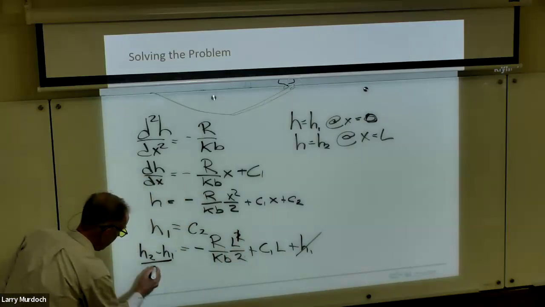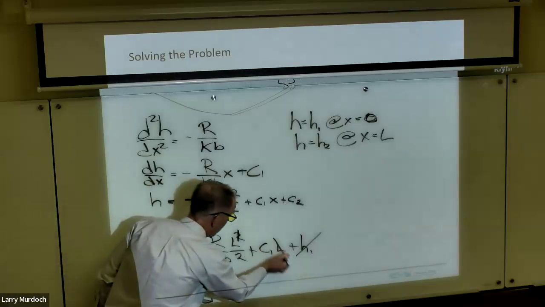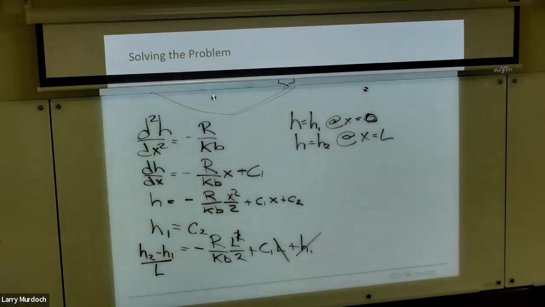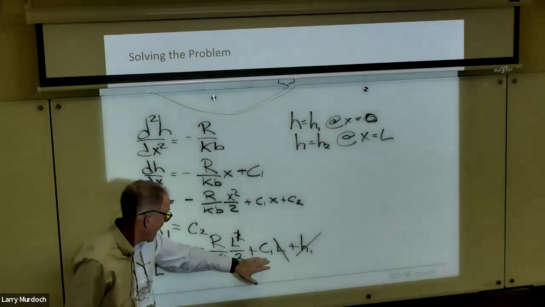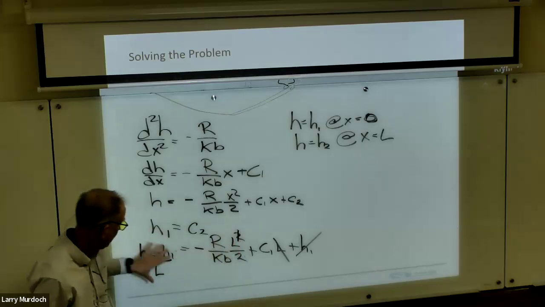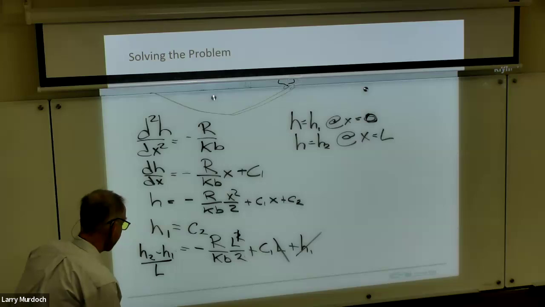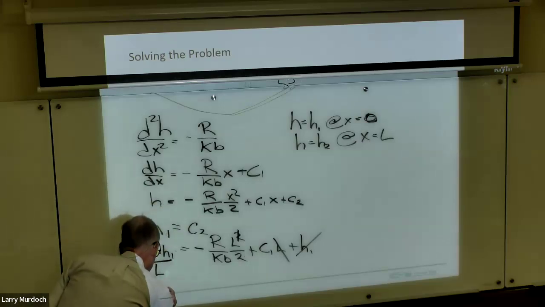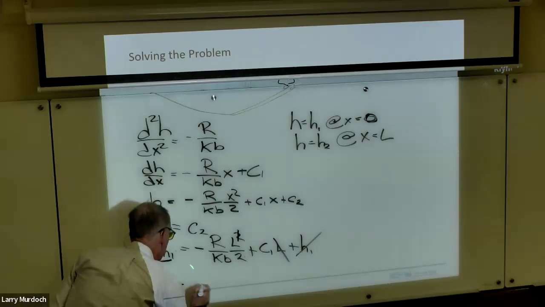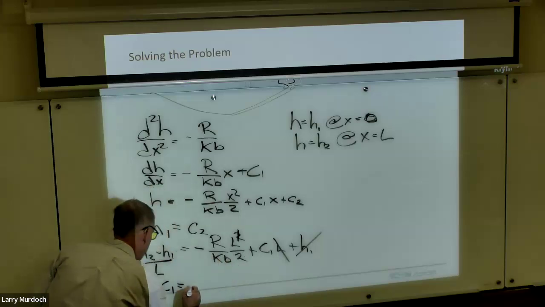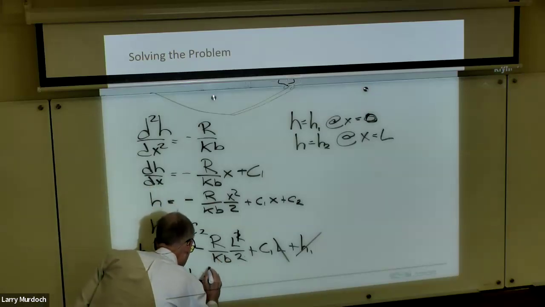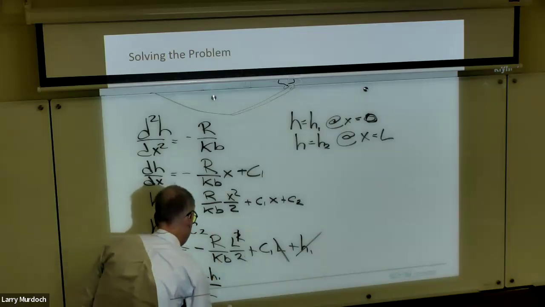And then I have L over here. Okay, and that L. So now I need to add this term to both sides, and I'll have C1. So I'd like C1 to equal this stuff here plus that.